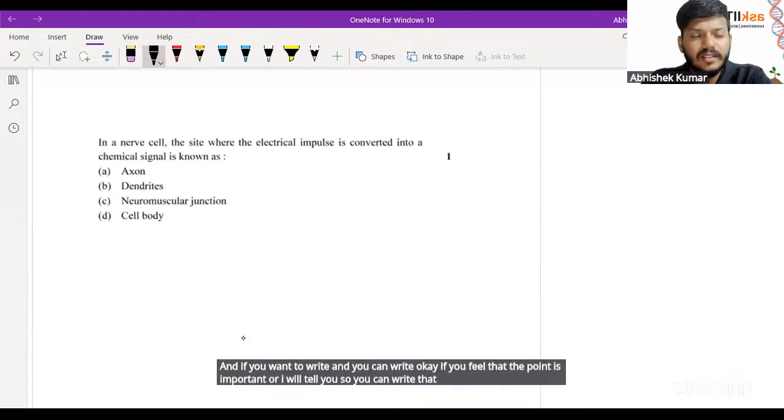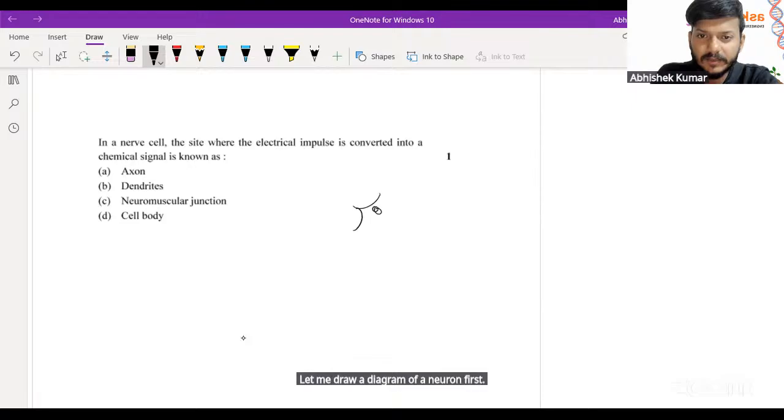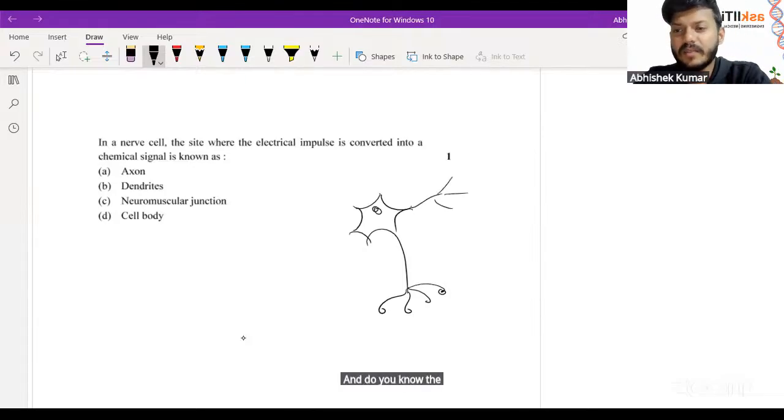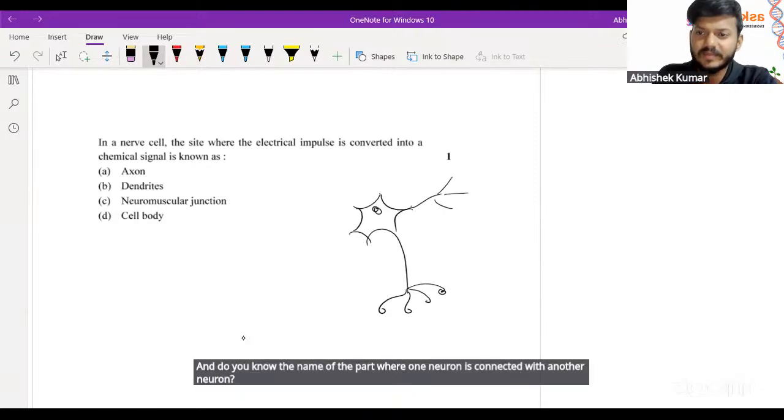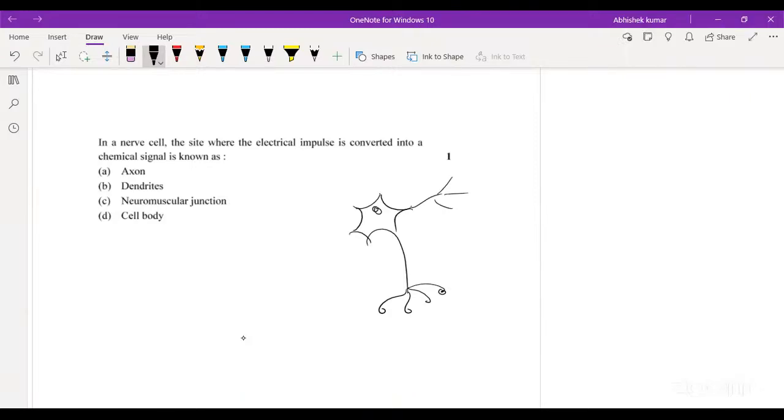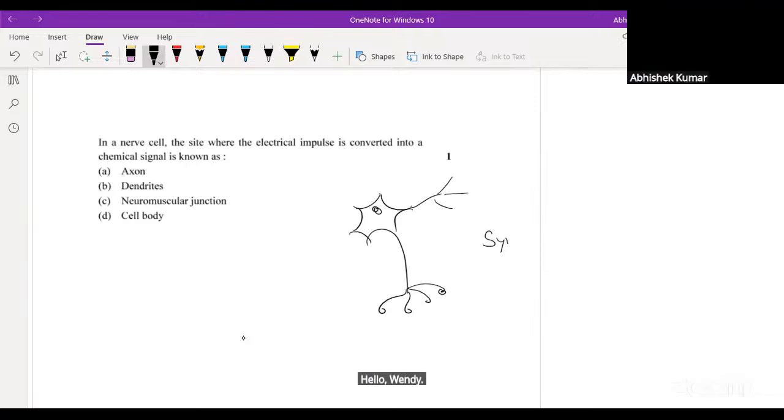Now the next question: in a nerve cell, the site where the electrical impulse is converted into chemical signals is known as... Let me draw a diagram of a neuron first. This is only a rough diagram. Do you know the name of the part where one neuron is connected with another neuron? Yes, good, it's the synapse.